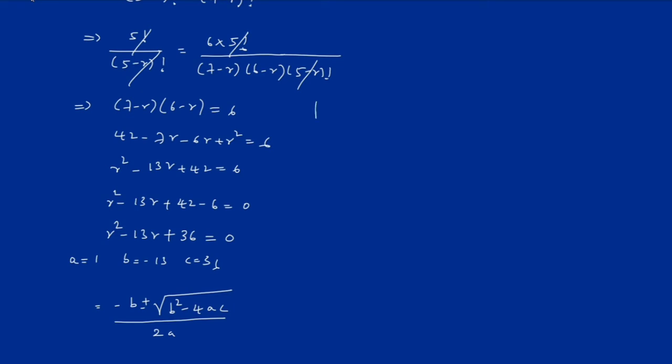So right here, x equals minus B, which means plus 13, plus or minus the square root of B square. 13 square is 169, right?